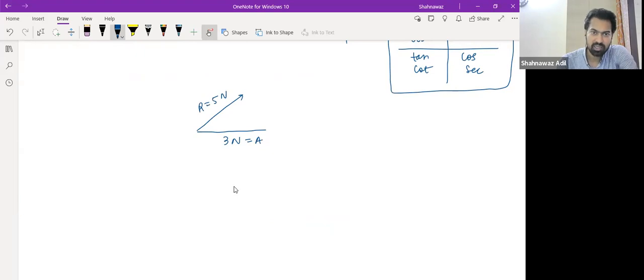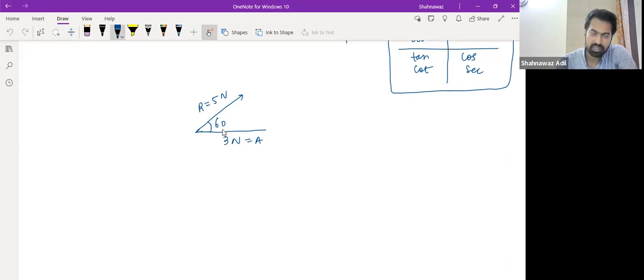And the angle between the resultant and this is, let's say, 60 degree. The angle between R and A is 60 degree.